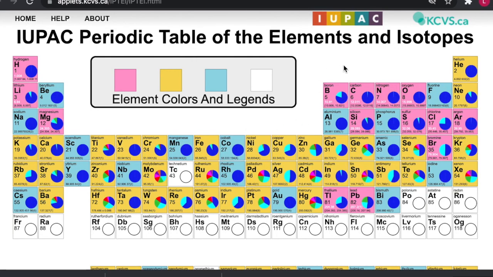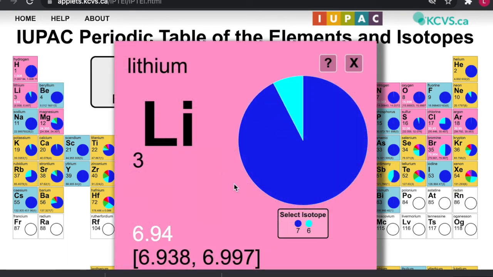This one is interesting because it gives the abundances that we actually do have on this planet for several of the elements. So we could take a look at lithium. You can see what the atomic mass and the percentage is for each of the isotopes. Isotope 6 and isotope 7. We have these over here.